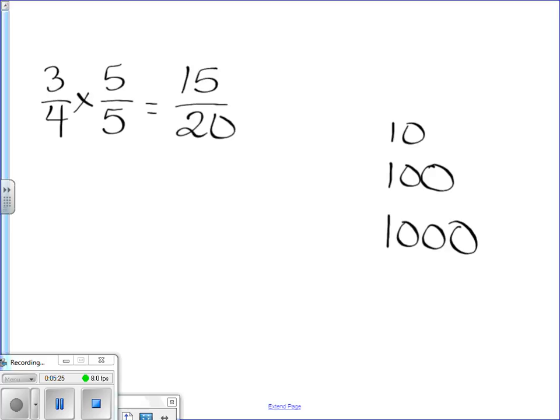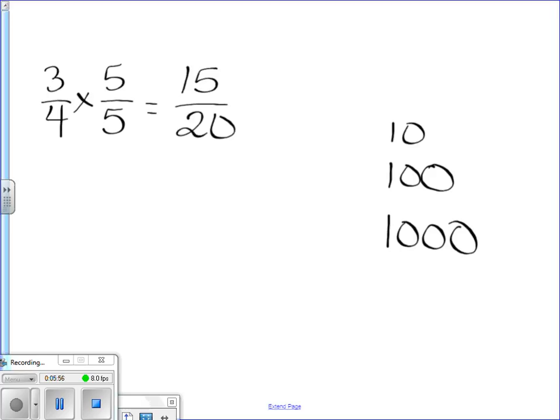So we don't really want to simplify them because we need them here. So our goal is to take our denominators and get them to our 10, to our 100, to our 1,000.